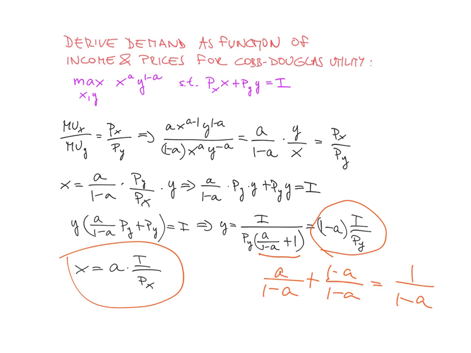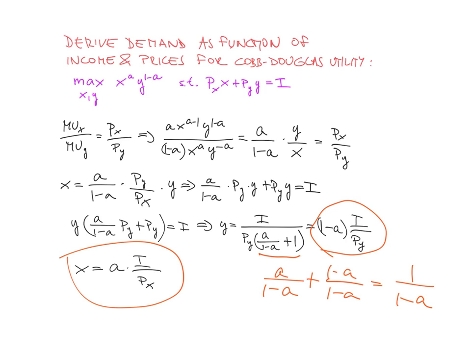Okay, let's vote. Shifts to the right, raise your hand. Shifts to the left, raise your hand. Nothing happens. Anyone? Okay, the answer is right in front of you, right here. So tell me what happens to the demand for X, Muhammad, if you double the price of Y. We don't have any y variable in our x formula, so it does not change any demand.